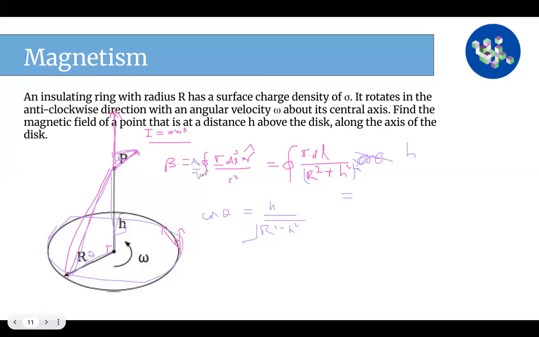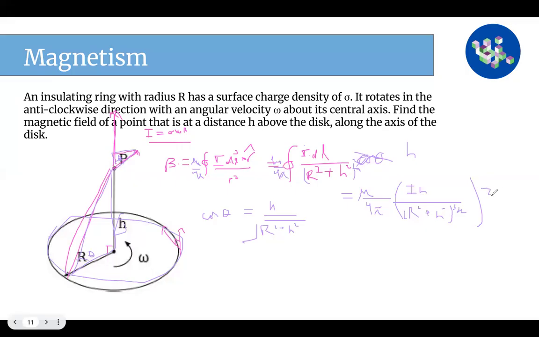0 over 4 pi. So my final answer for the magnetic field is just mu 0 divided by 4 pi of, because everything in the integral is constant, I'll just be getting I h divided by r squared plus h squared to the 3/2 power, and then times 2 pi r.